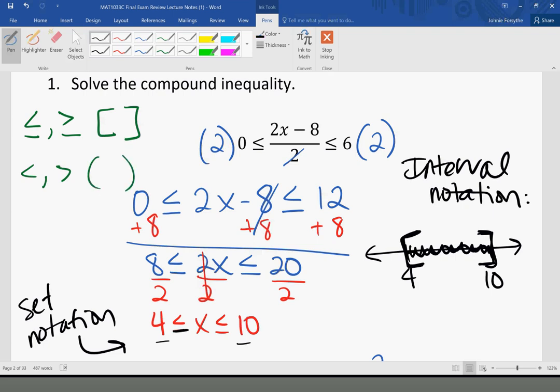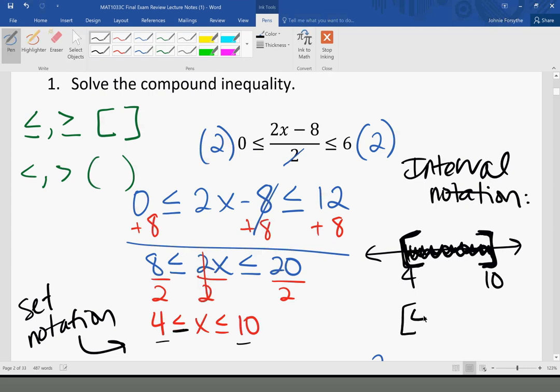I like to do the number line because I can visually see the interval better. So you always think left to right. Starting from the left, the interval that we want to include is what I have shaded in black. That's my solution.